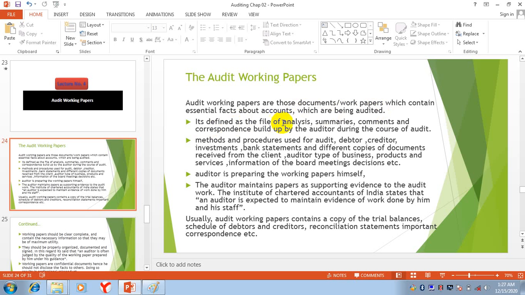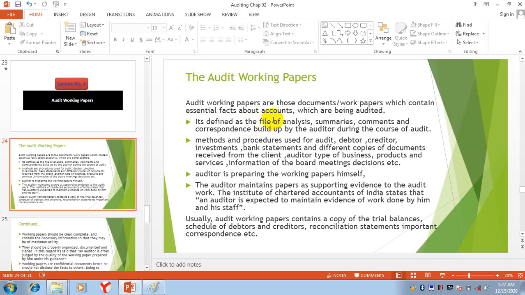It is defined as the file of analysis, summaries, comments, and correspondence built up by the auditor during the course of audit. And keep in mind, on the basis of these working papers, he makes his final report.